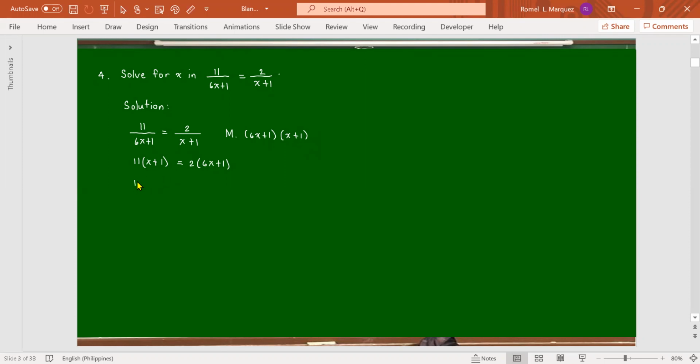So distribute 11 to its terms inside, getting 11x plus 11. On the right side, we get 12x plus 2. 11x minus 12x. On the right side, we have 2 minus 11. So this is negative x.